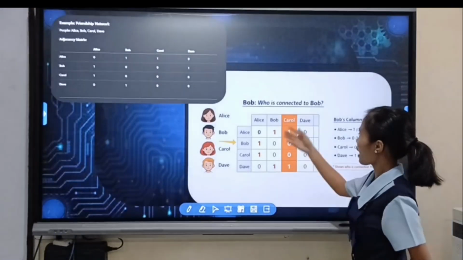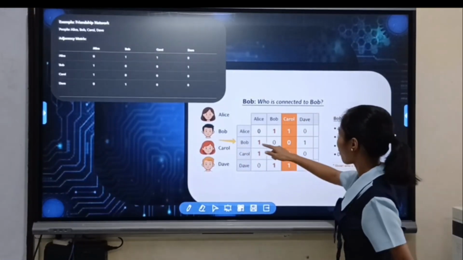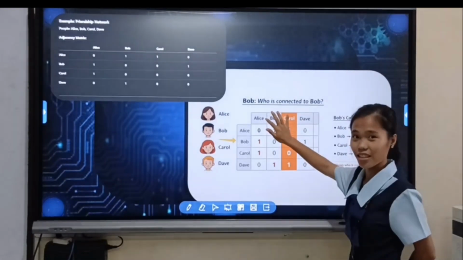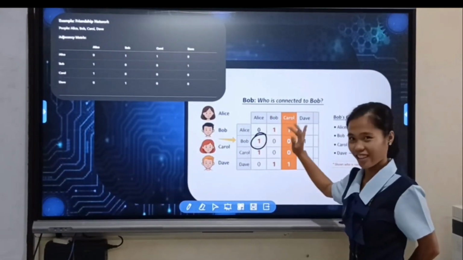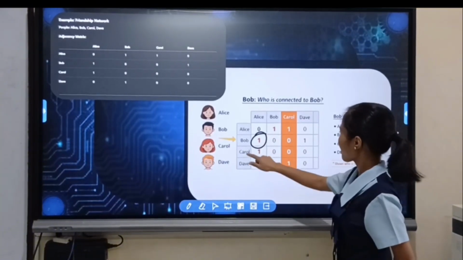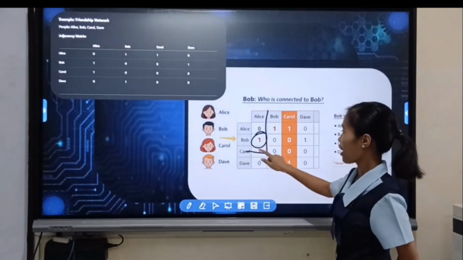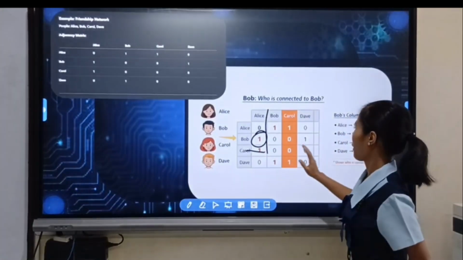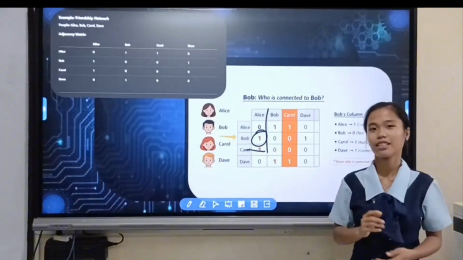Here we see Bob has a one connection with Alice, and that is their relationship or their edge. And next, Carol and Alice also have one relationship. And that is a simple explanation of the adjacency matrix.